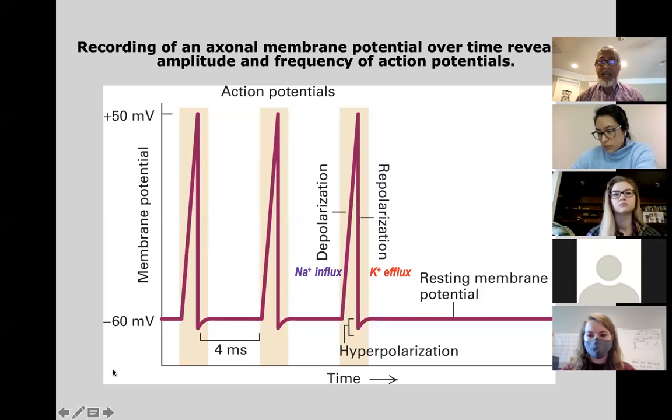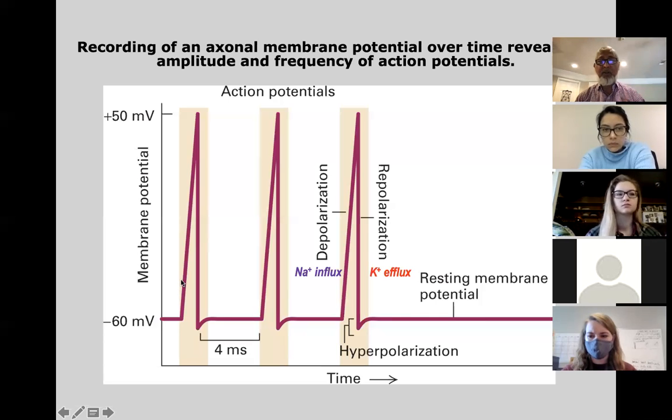So at rest, when the cell or nerve is unstimulated, we call it resting membrane potential. Now, when you stimulate those excitable tissues and they reach the threshold for excitation, this is a very simple one. Generally, from minus 60, you need to go to about minus 55. That is called the threshold for excitation.